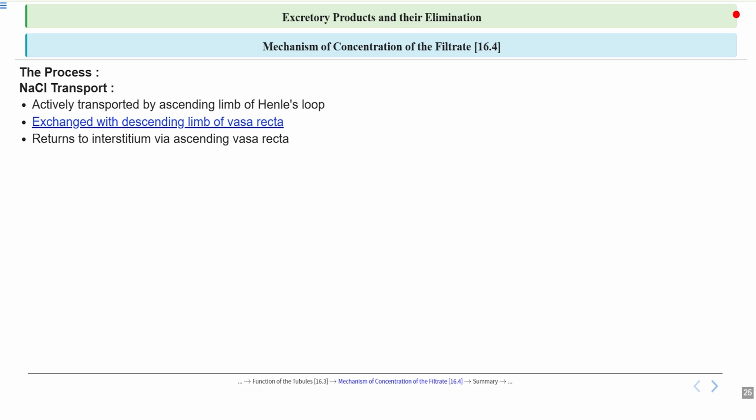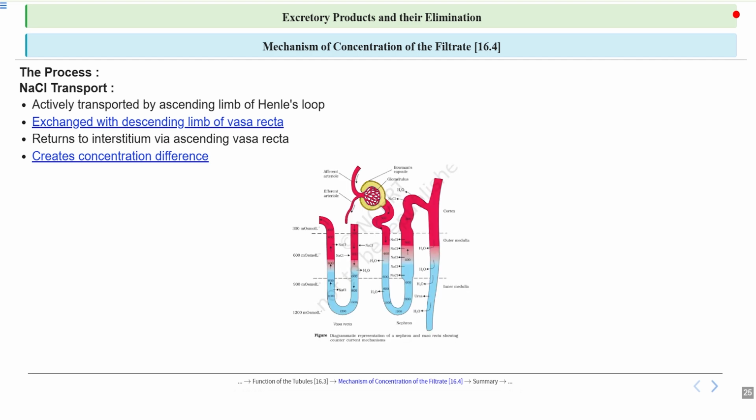The interstitium is the space around the kidney tubules, and this recycling ensures that the salt is available to maintain the gradient. It's like returning to a central pool for reuse. All these steps together create the concentration difference in the kidney's medulla. This difference is crucial because it allows the kidney to reabsorb water and produce concentrated urine. So you can see the mechanism of countercurrent.